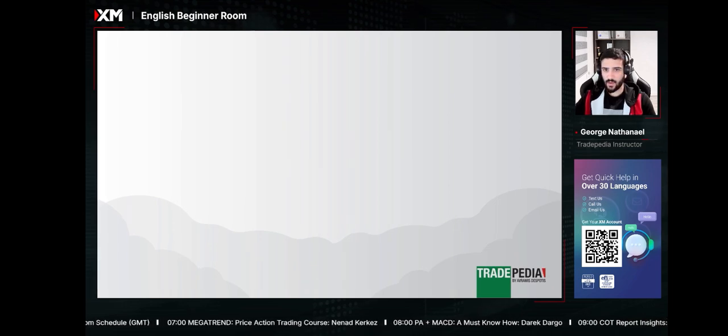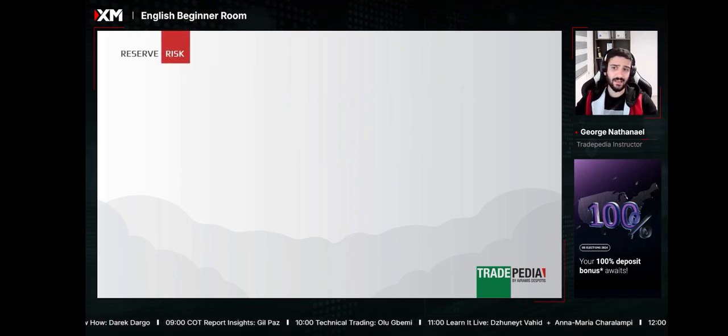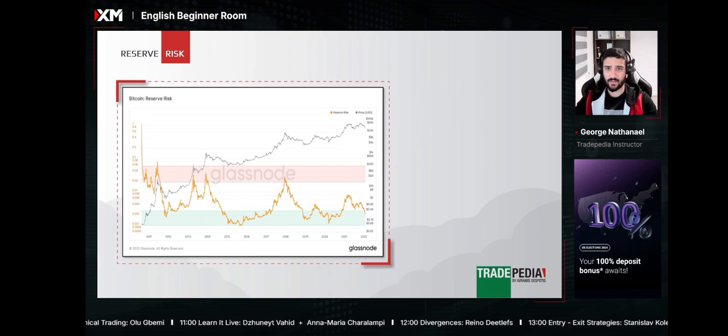Now, among the various metrics available, we'll focus on some important and popular metrics that provide actionable signals for the traders, one of them being the reserve risk metric. Now, first of all, before we begin, you can find all of these metrics on the Glassnode website, our on-chain provider.